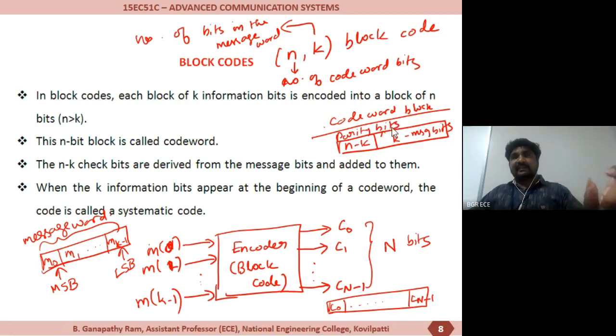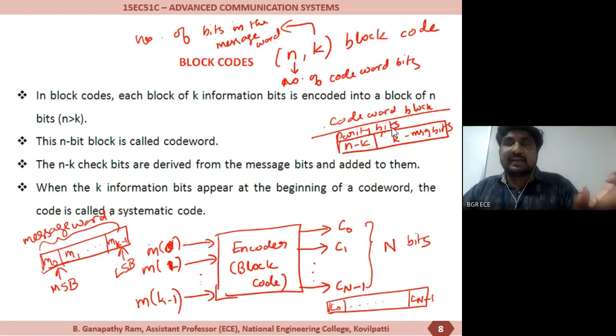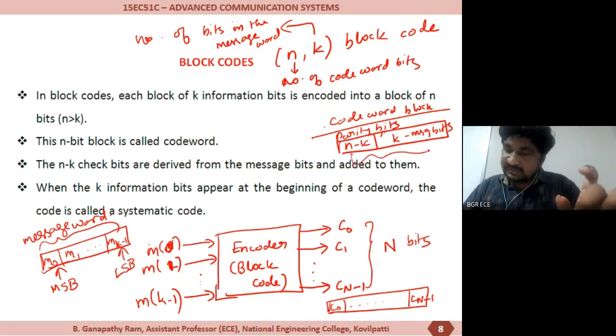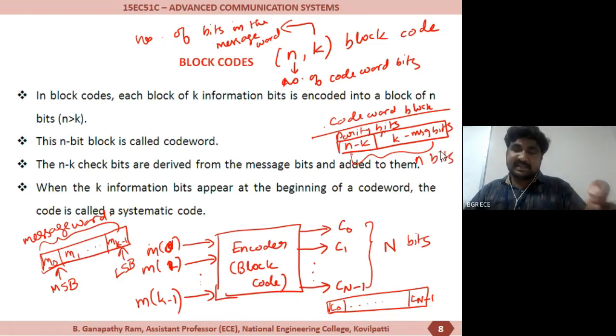The parity bits are added redundantly along with the message bits to generate the n bits in the code word.